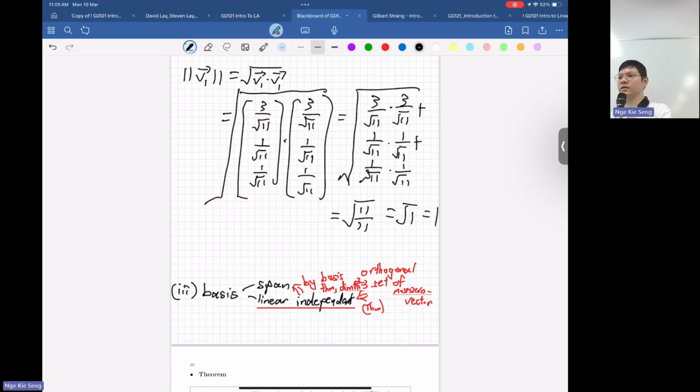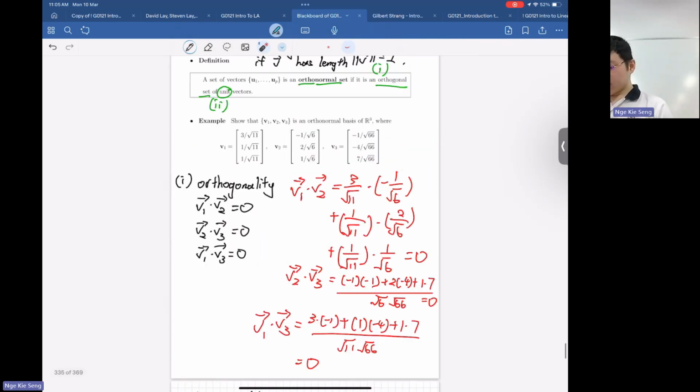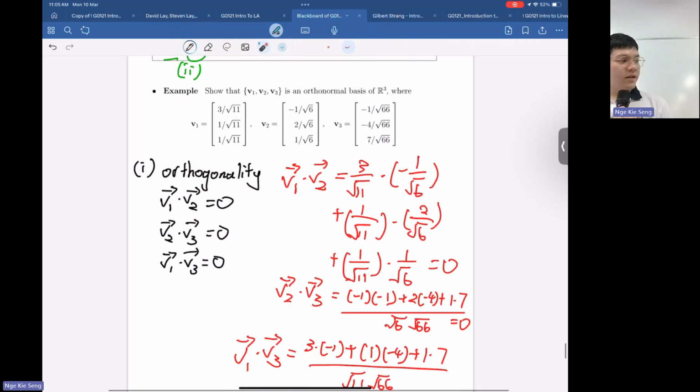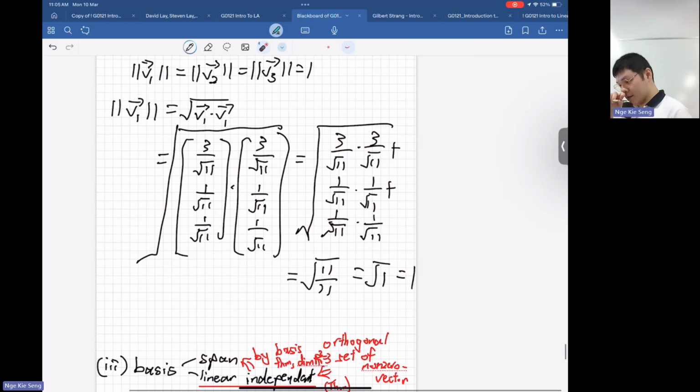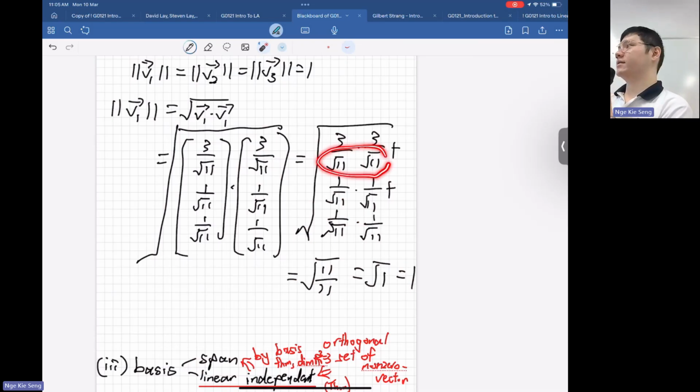Okay, so there's one misconception here. People usually will think that it is enough to divide by 11. They think of it as a dot product, but actually it's not. Why? Because when you compute this inner product here, you're going to multiply your denominator twice.